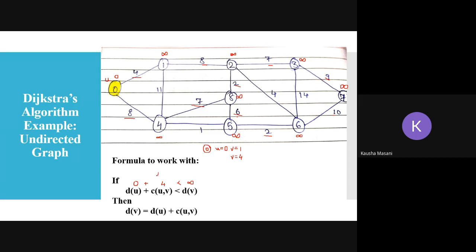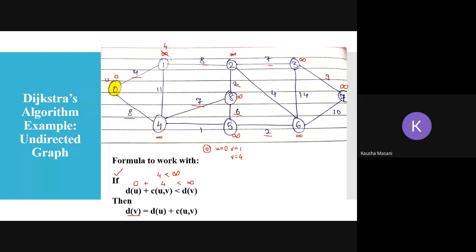So 0 plus 4 is 4. 4 is less than infinity, that is true. That means this if condition is true. So in that case, go to your then. If 4 is less than infinity is true, then I have to update the distance of my destination vertex. So cross this infinity and write 4 there.